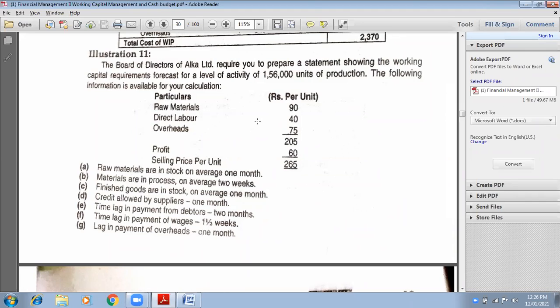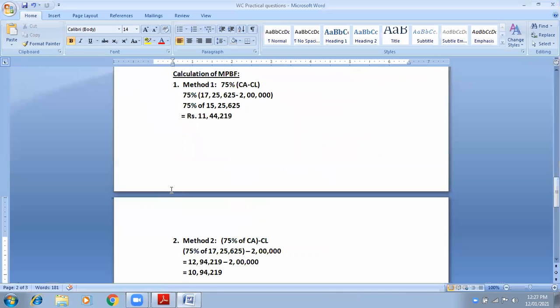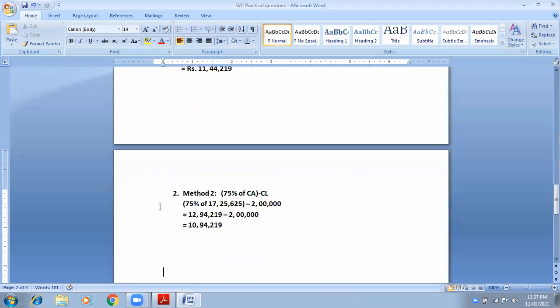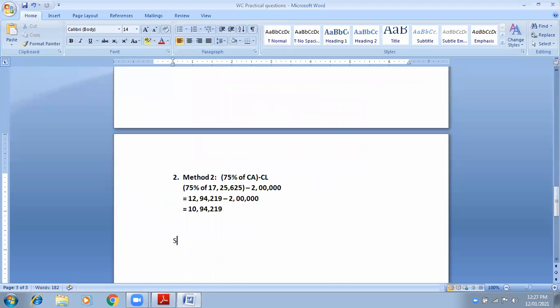Now raw material. First of all, you have to make a working note. You have to make a working note of 1,56,000 units divided by 12. Sorry, we are going according to weeks, no? So the first working note will be made, and here you will start sum number 11.